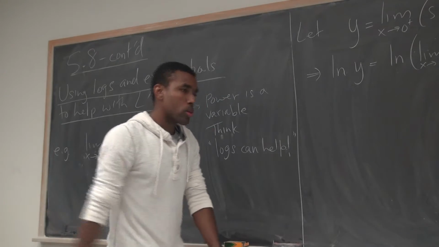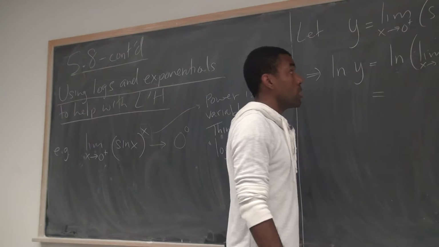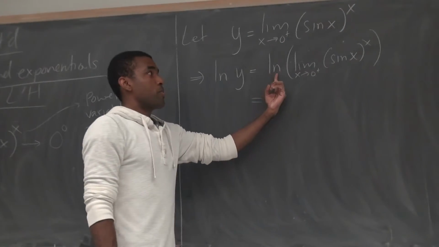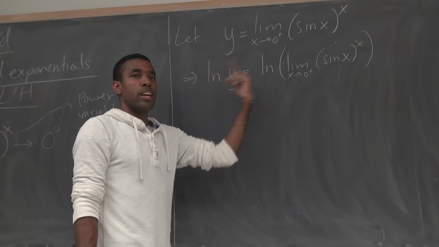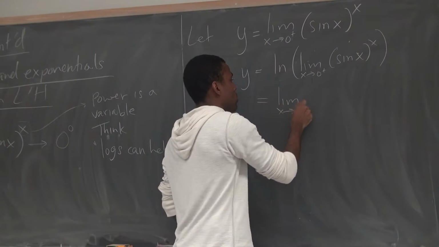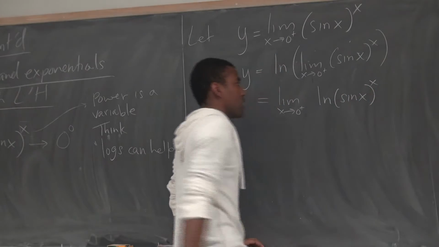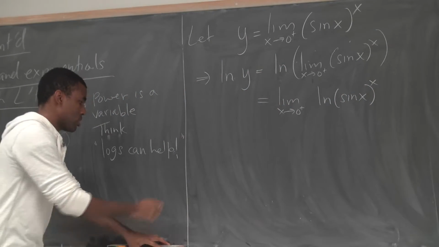In Calc 1, we learned that for continuous functions, we can take limits out, right? So this is the same as the limit as x approaches 0 of ln of sine x to the x, because that's what continuity means.